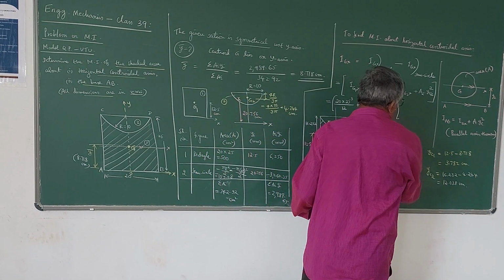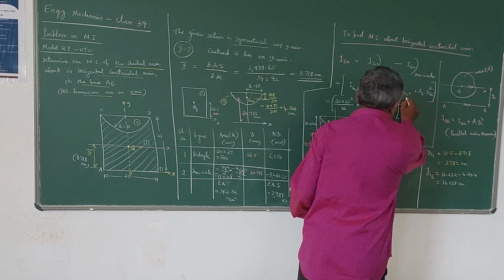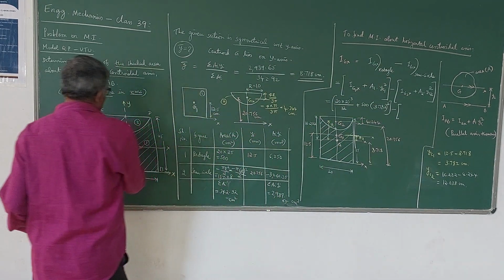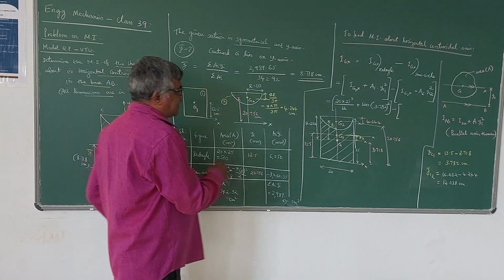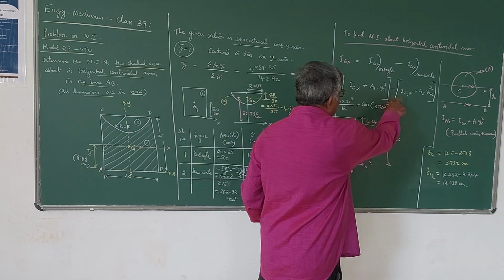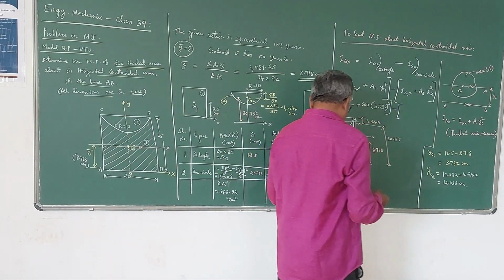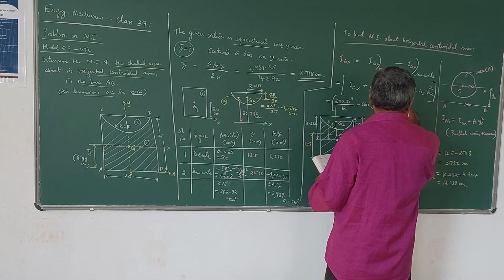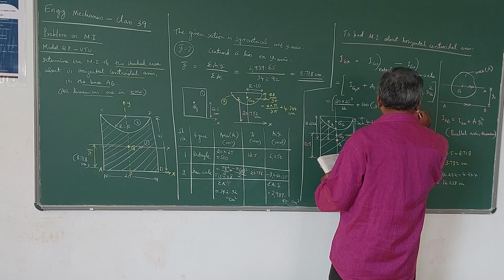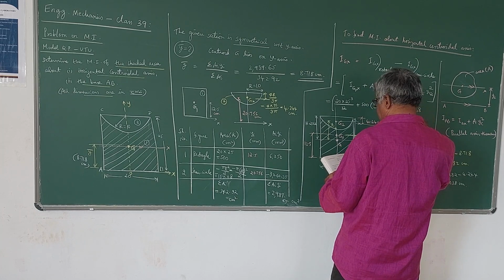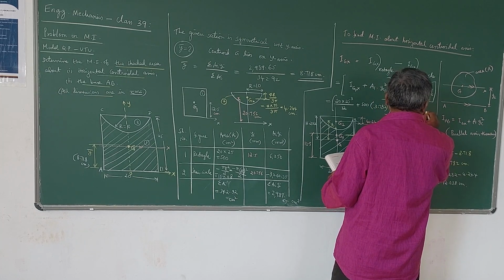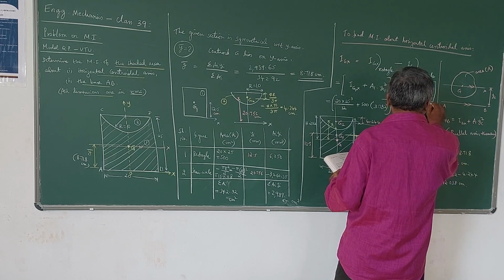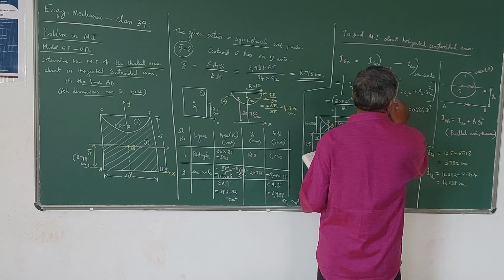So you had better remember this value. IG2x is the moment of inertia of the semicircle about its centroidal axis. That expression you should remember. It is 0.00686 d power 4, where d is the diameter. This is the expression for IG2x.